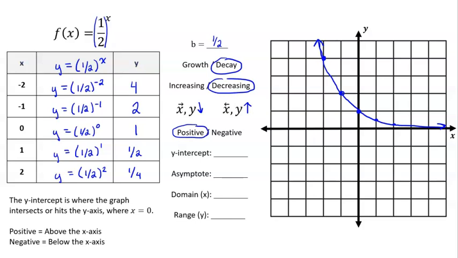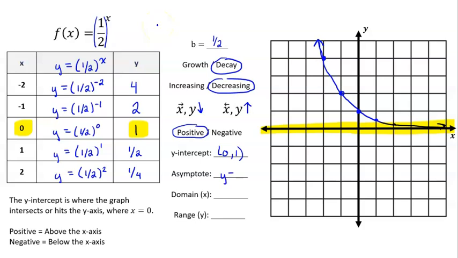And then our y-intercept is still going to be at 0, 1, because we're just taking that number and putting it to the 0 power, which is going to be 1. So that's still here. Our graph is still bottoming out at y equals 0, and it's going to look like it touches because it gets extremely close and it's just impossible for us to actually draw that by hand.